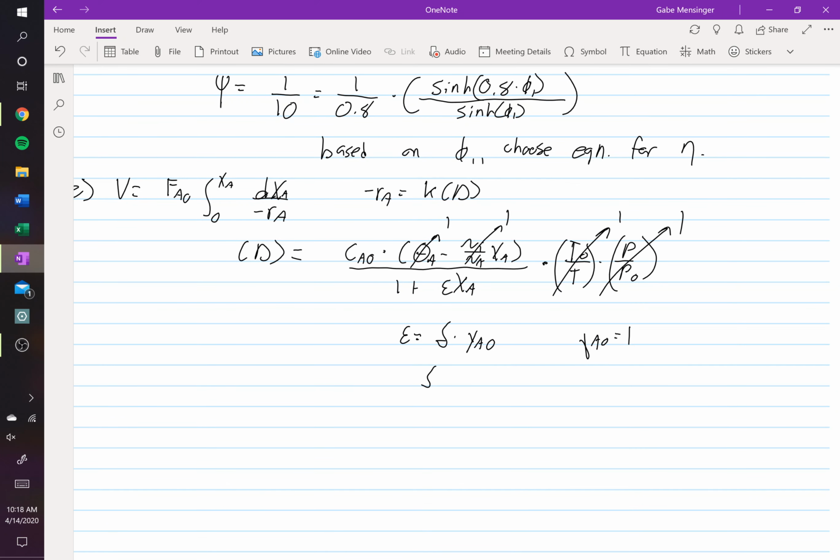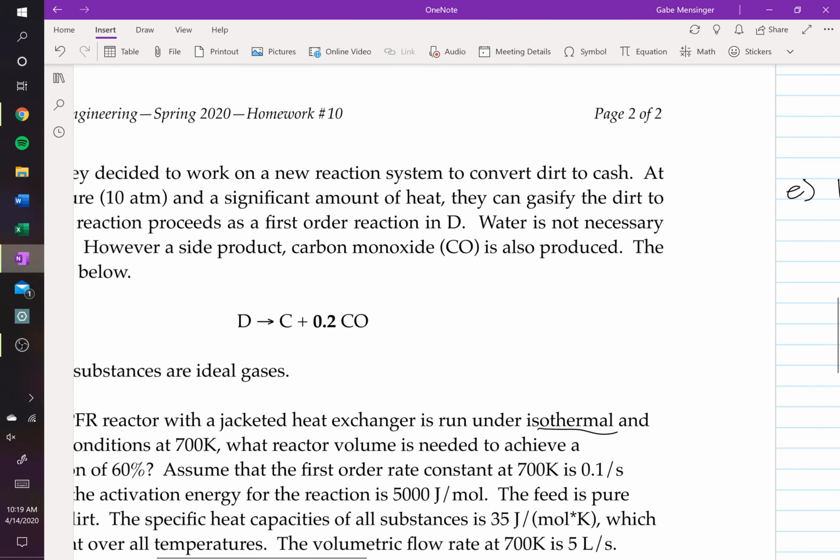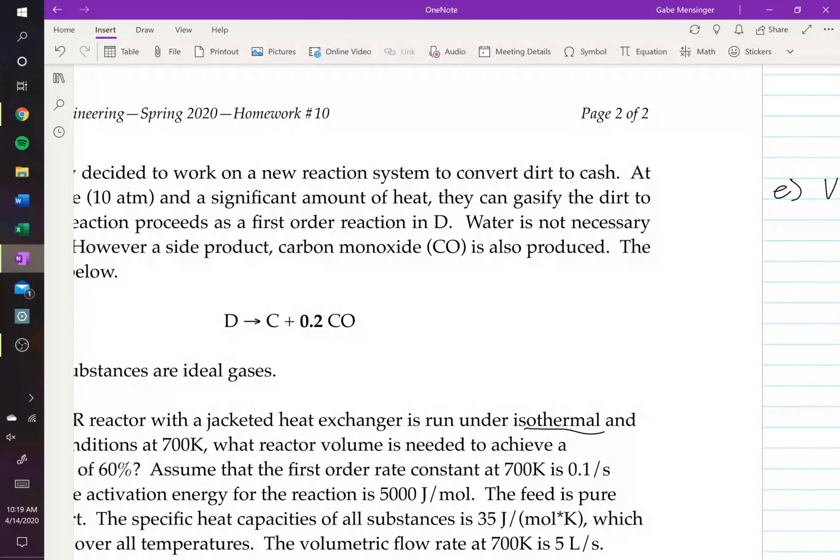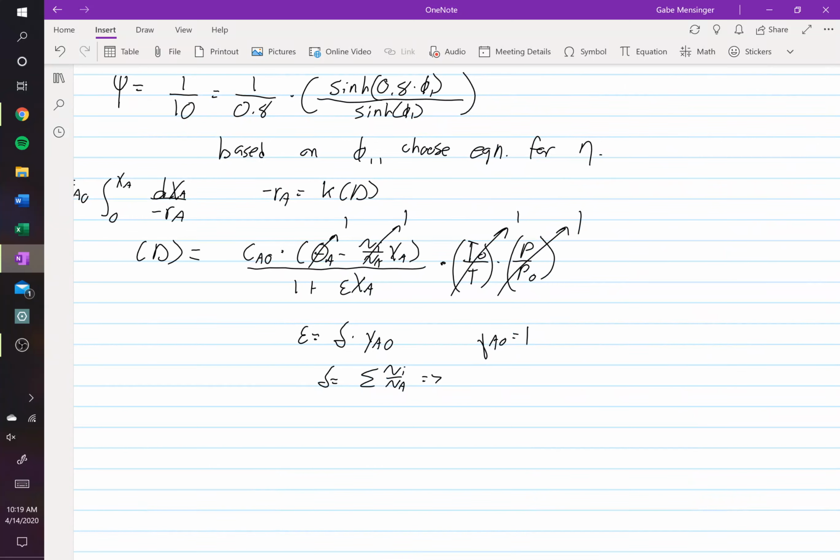Delta, remember, is equal to nu_i over nu_A. So nu_A is equal to 1, so we've got our 0.2 over 1 plus 1 over 1 minus 1.